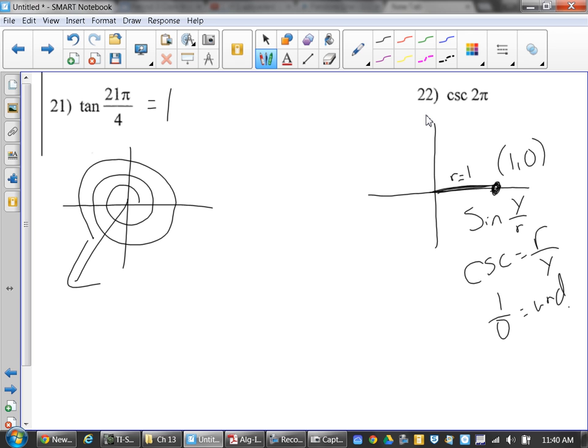What I want you to think about when you're dealing with zeros and undefined, as far as your quadrantals are concerned, is that the opposite of 0 is undefined. As far as slopes, the opposite reciprocal of a slope of 0 is undefined. The opposite reciprocal of an undefined slope is 0.